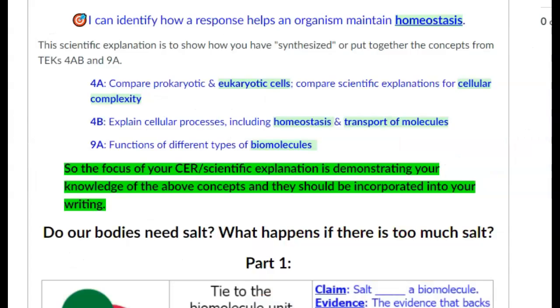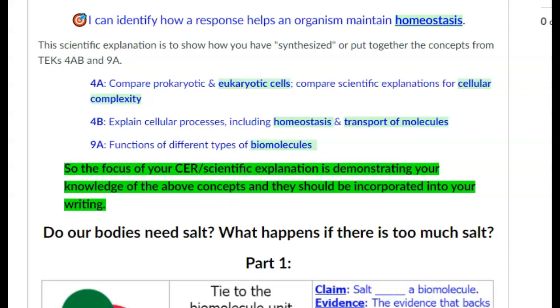So the major grade today is writing two scientific explanations. And if we look at the target, I can identify how a response helps an organism maintain homeostasis. So as you write, keep your target in mind, especially homeostasis. The scientific explanations you're writing today show how you have synthesized or put together concepts from TEKS 4A, 4B, and 9A.